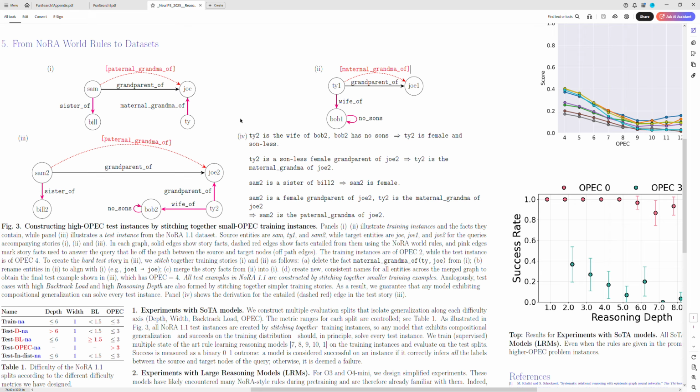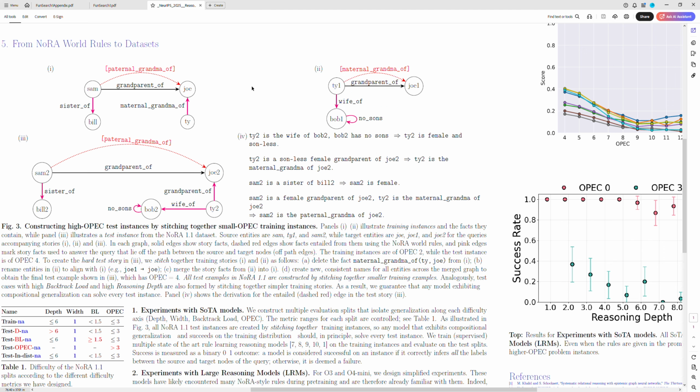So these are two training instances. In Nora 1.1, test instances are formed by combining training instances, or gluing together training instances. So here 3 is a test instance and it's formed by gluing together 1 and 2.